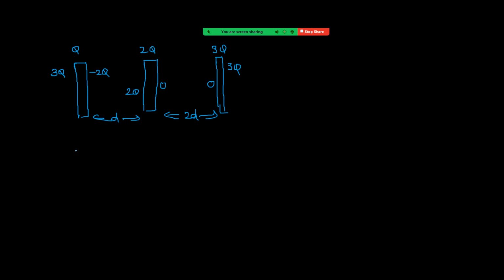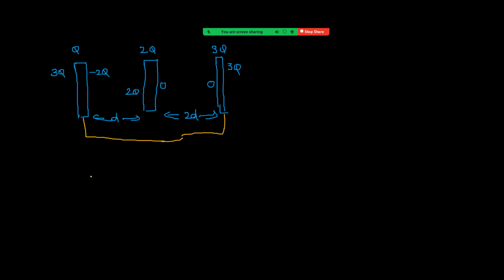But now the question is, if we join the left and right one, right? Now see carefully what happens. If we are joining the left and right one, okay. So this distribution is before joining. Now after joining, see what happens.